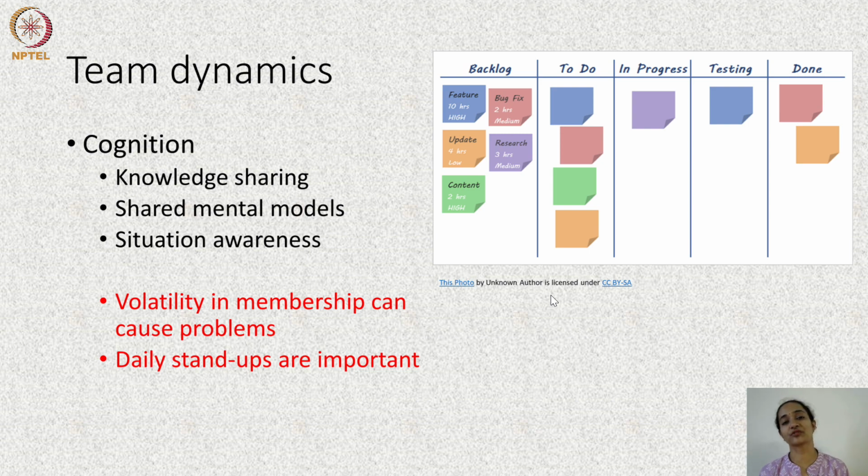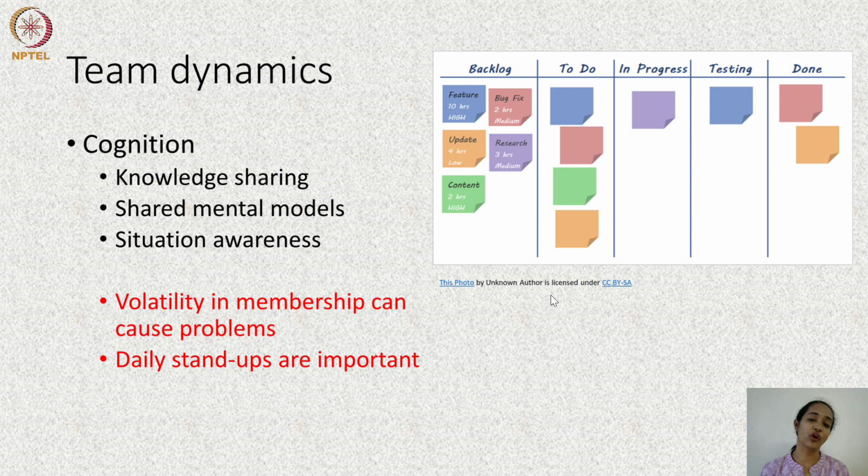One important aspect of team dynamics for agile teams is team cognition. I have mentioned, when talking about communication, coordination, and collaboration, the importance of knowledge sharing, creating shared mental models, and also situation awareness for team members. It's very important that we have different mechanisms and processes in place so that team members can share knowledge with each other.